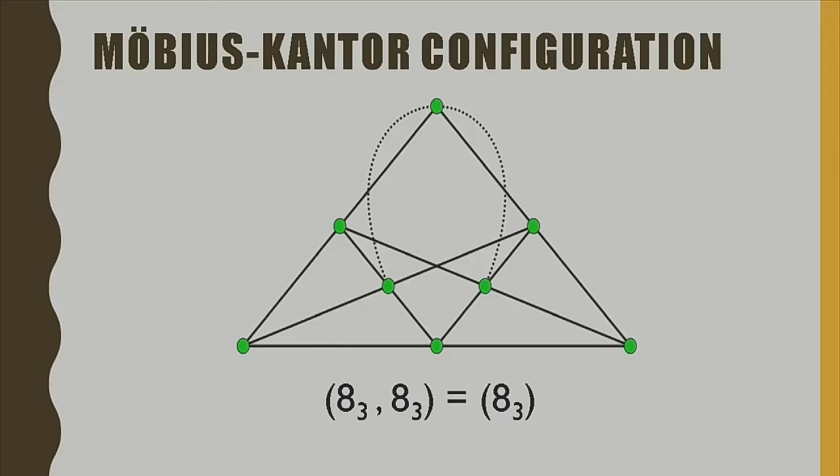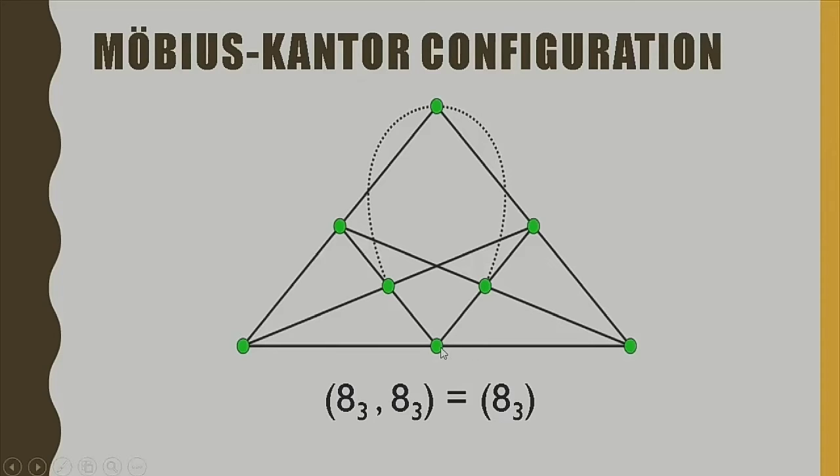And note that the Möbius-Kantor configuration is also self-dual because it has 8 vertices with 3 sides passing through each, and it also has 8 sides with 3 vertices lying on each. I will show all the 8 vertices that have 3 lines passing through them. Now for the first vertex, we have this side, and this side.